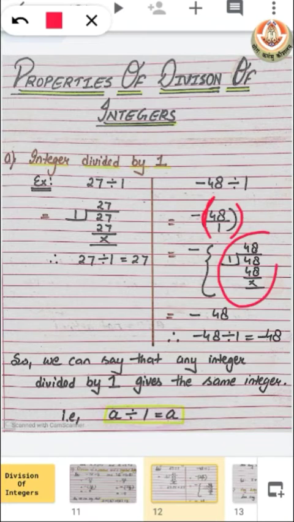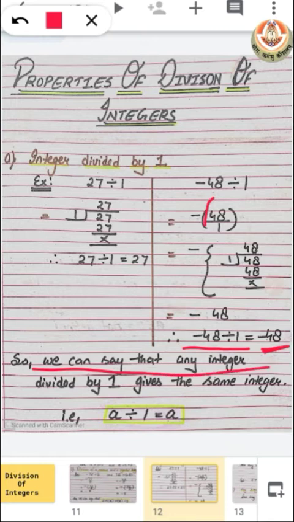Now solve this simple division. We get 48 for this division and this minus sign which we had taken as common. So what we will get as answer? Minus 48 as answer. That means when we divide minus 48 with 1, we get minus 48 itself as the answer.